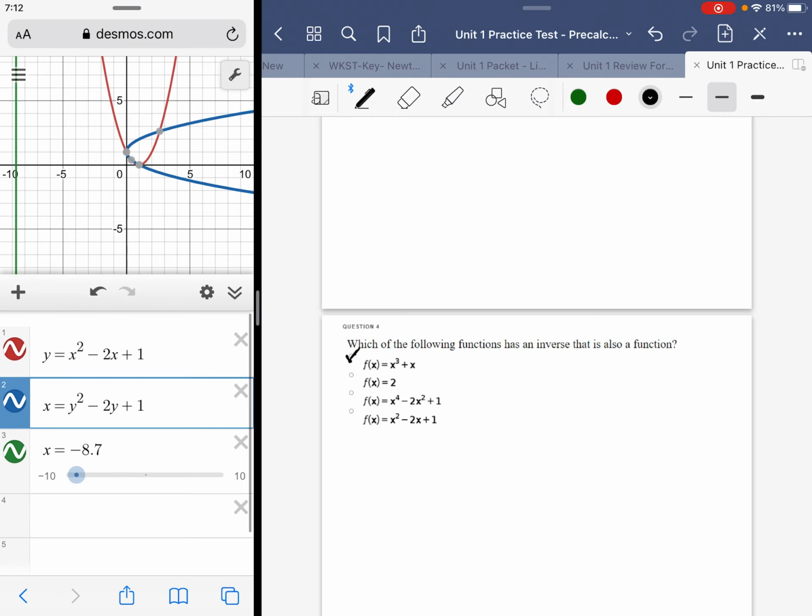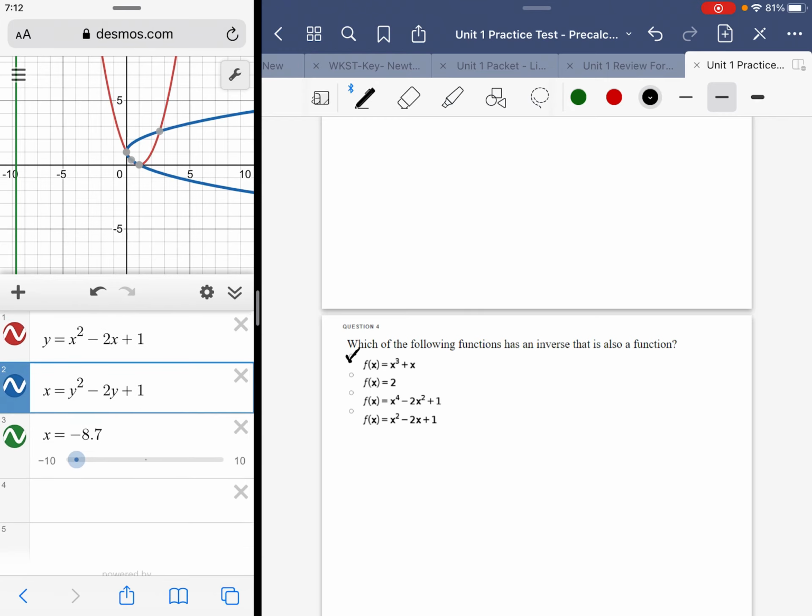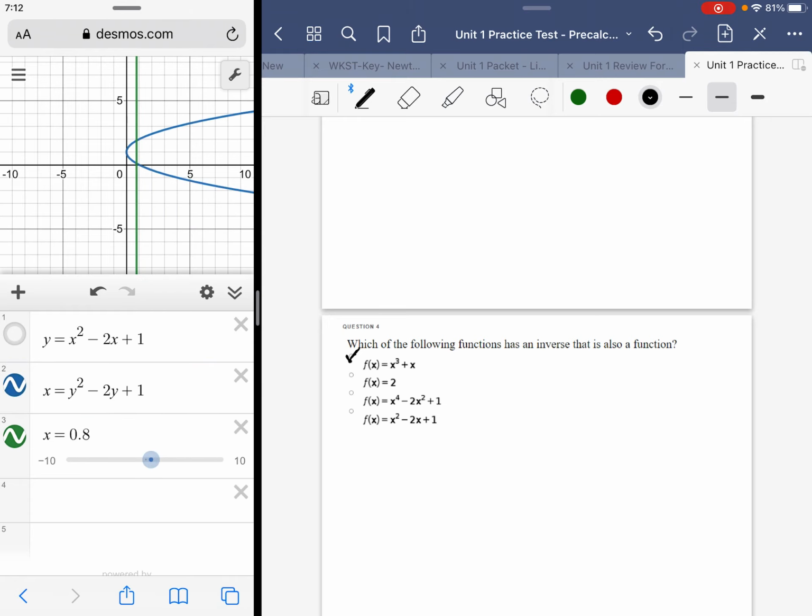Again, I only care about the inverse, but just so you see the relationship between the graph and its inverse, I'll turn off the original function. You'll see here that we're looking at multiple intersections. There is one instance where there's only one intersection, but if there's ever an instance in which there's more than one intersection, then the inverse is not a function. So that's an example of a case where it doesn't work out.